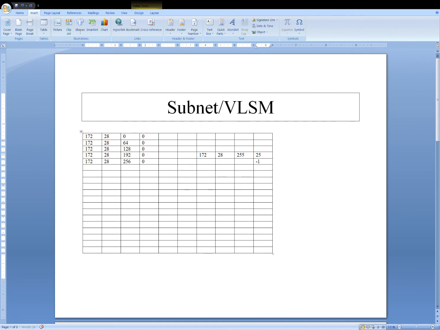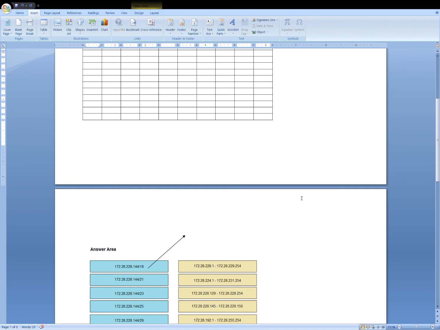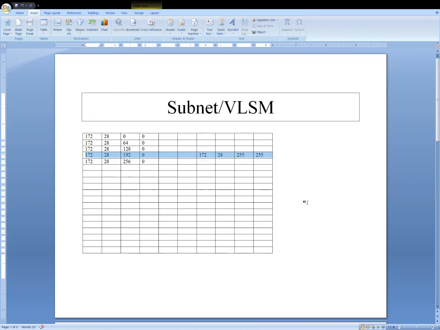Anytime you borrow, it's a 256. So now I can do my math. 256 minus 1 is 255, and that is the network and the broadcast address. But again, remember, we want first usable, last usable.